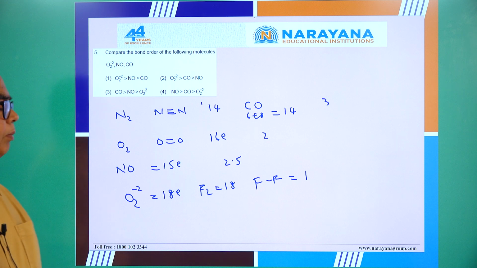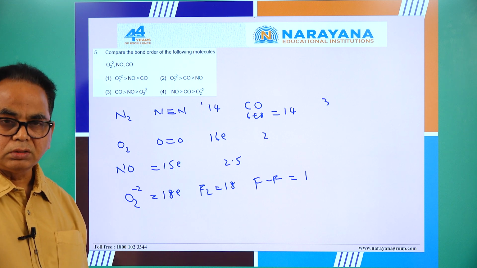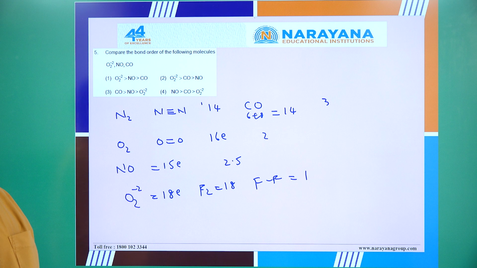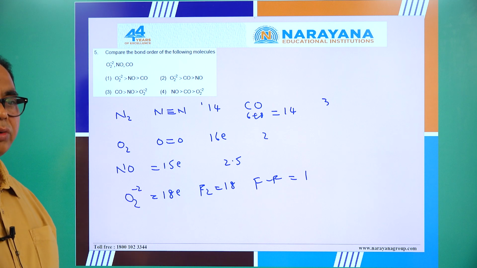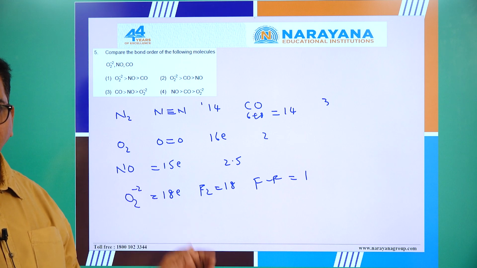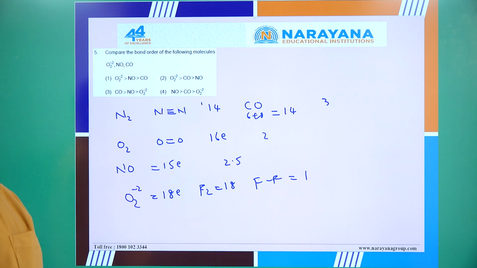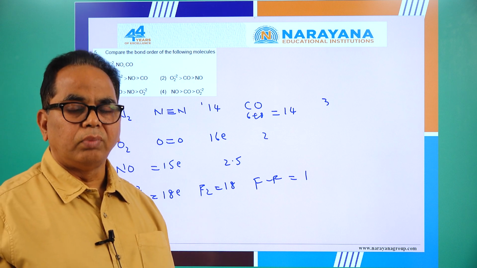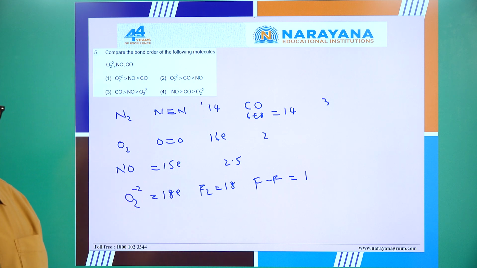Based on the molecular orbital theory, you have to write the electronic configuration, and you have to find out the number of bonding electrons and anti-bonding electrons. Then bond order will be number of bonding electrons minus anti-bonding electrons, by 2.